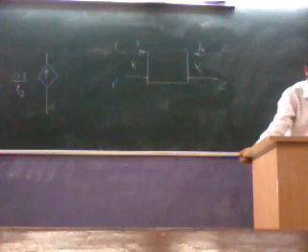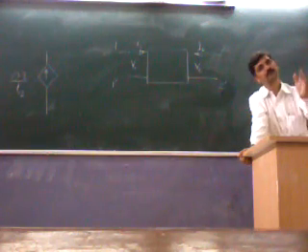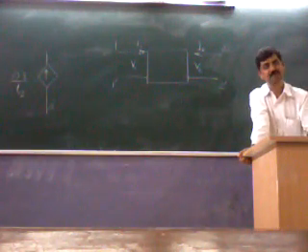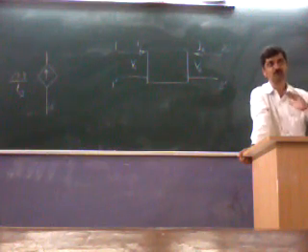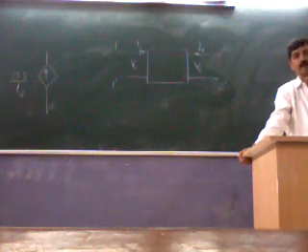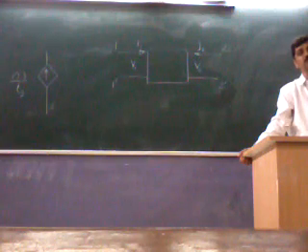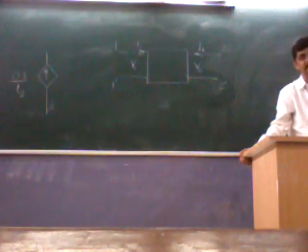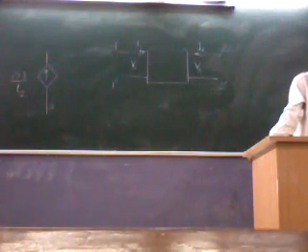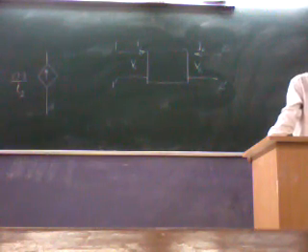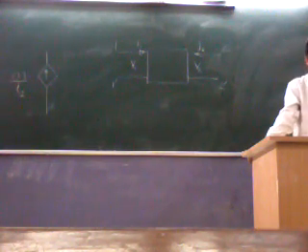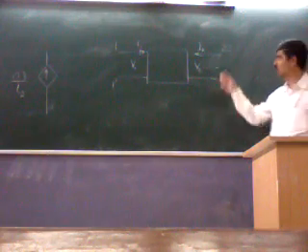How many ratios can you take? You can take 8, but 4 of them would be just inverses of the other 4. So we decide to have 2 in the numerator and 1 in the denominator. So what do we get? V2 upon V1, that is Z21.